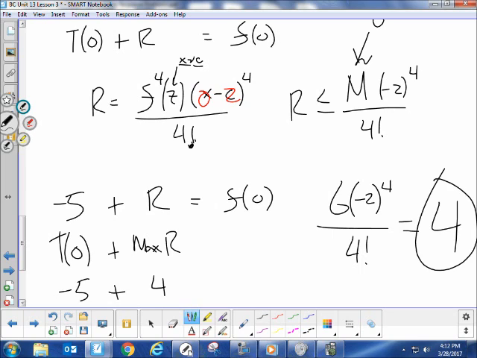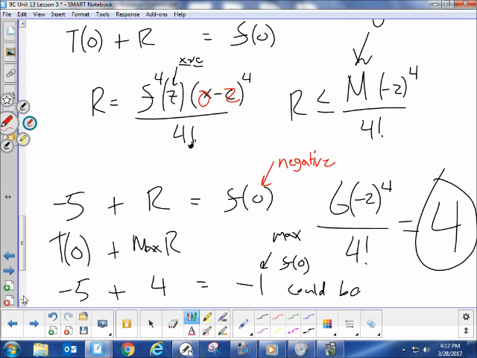So if I add the maximum value that we're adding by, we get to negative 1, which is the max value that f of 0 could be. Since that's the max value it could be, we know that f of 0 must be negative. Okay? That's Lagrange error bound.